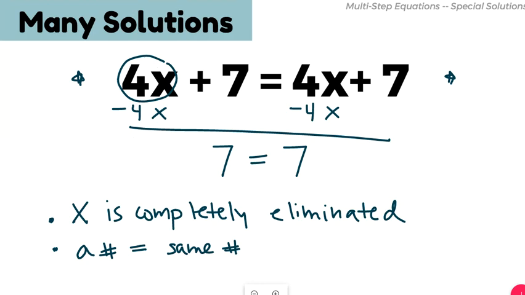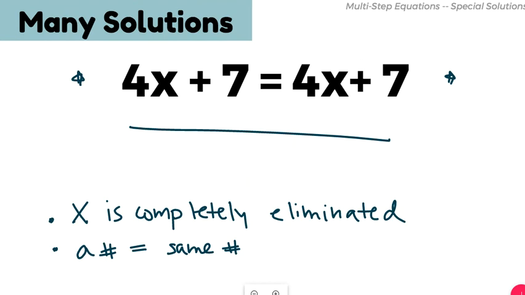It's kind of crazy. Now, what if I didn't want to eliminate a variable first? What if you like to eliminate your constants first? It's okay. Let's say I want to eliminate this guy first. Subtract 7 on both sides. This is where you're going to have to trust the math that you're doing. Because on the left-hand side, I get 4x.